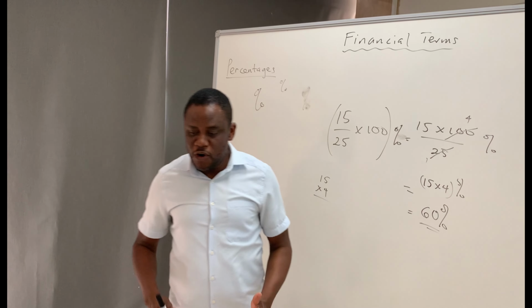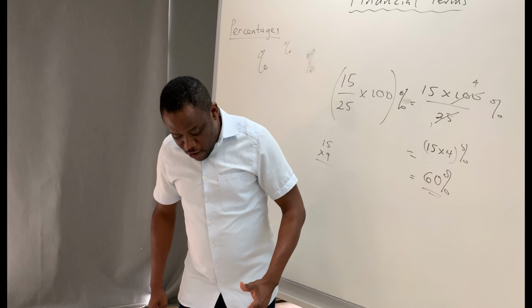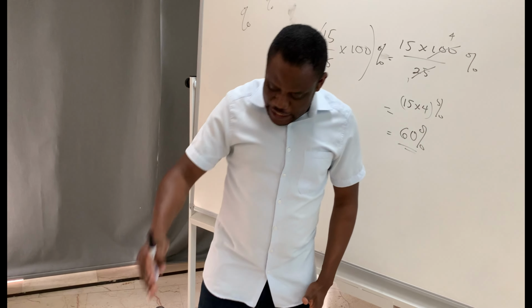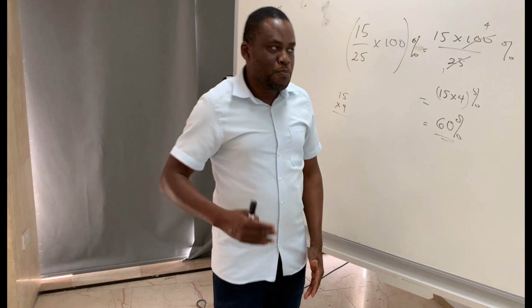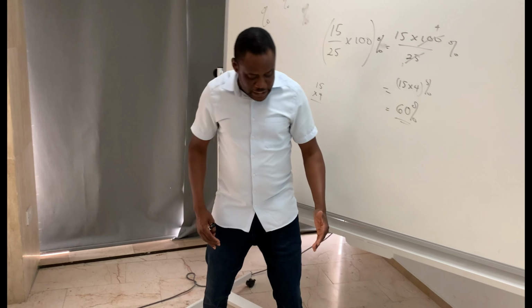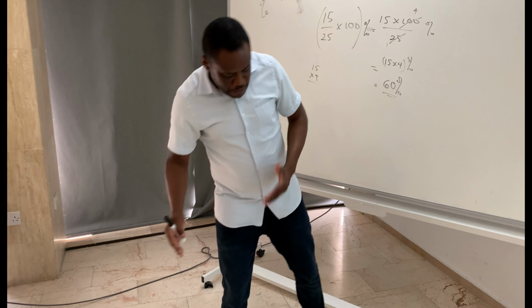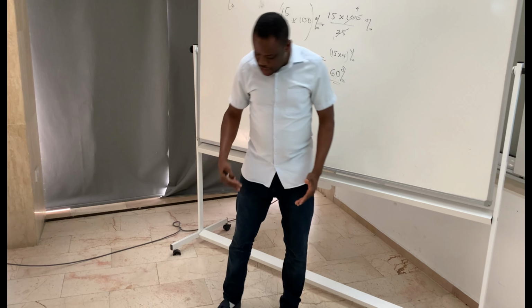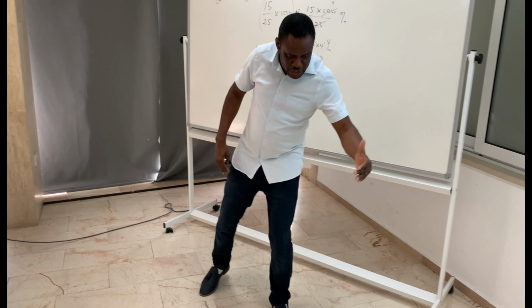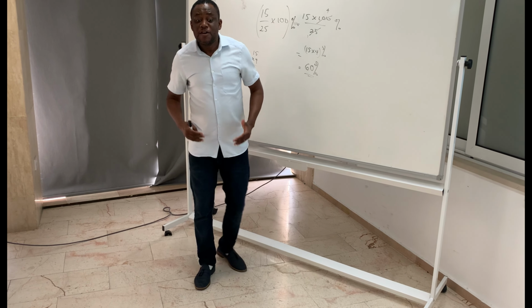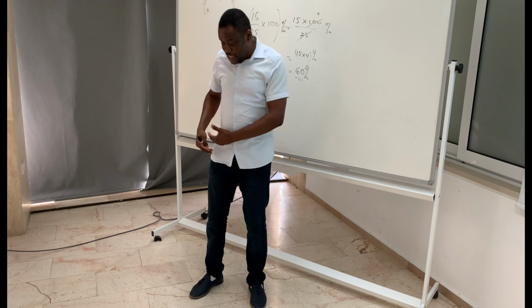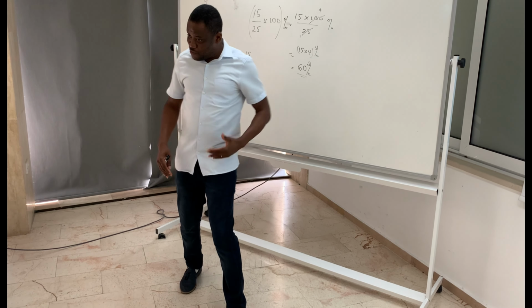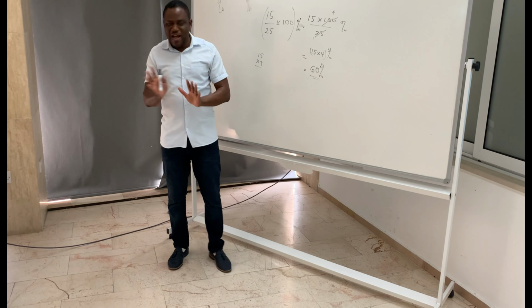So it's possible for us to move around. We can convert percentage to decimal, decimal back to percentage, decimal to fraction, fraction back to decimal, percentage to fraction, fraction back to percentage. Even we can convert percentage to ratio, ratio back to percentage. You see, we can play around with it.